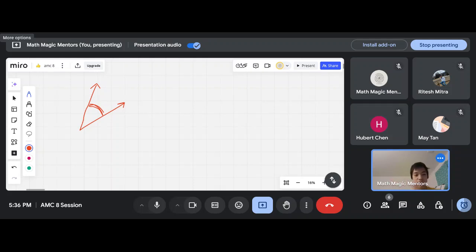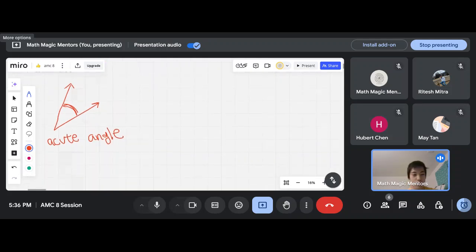It's a really small angle, and we generally call these types of angles acute angles. So this is an acute angle.